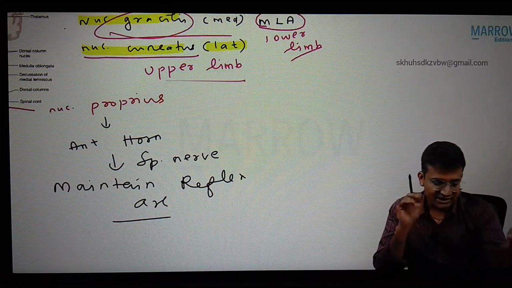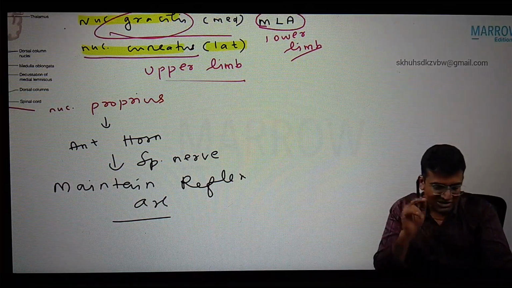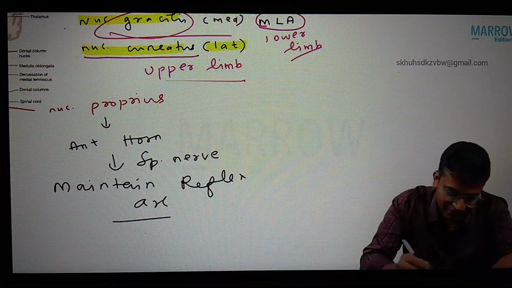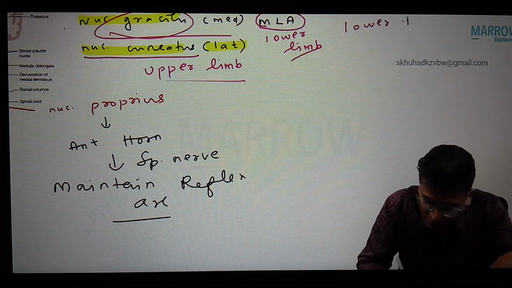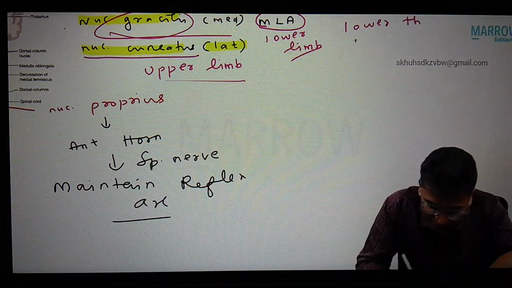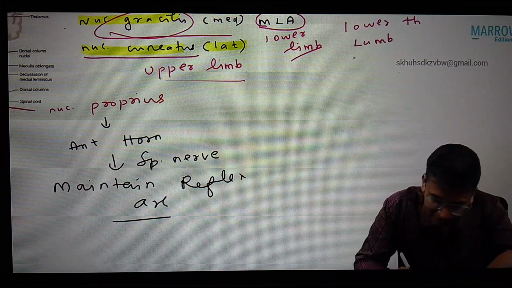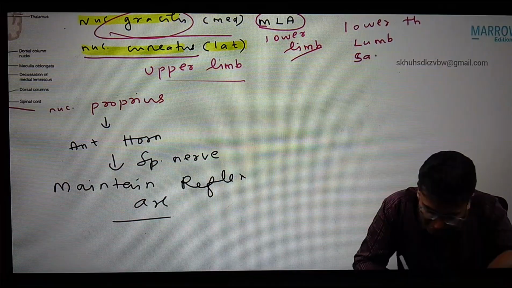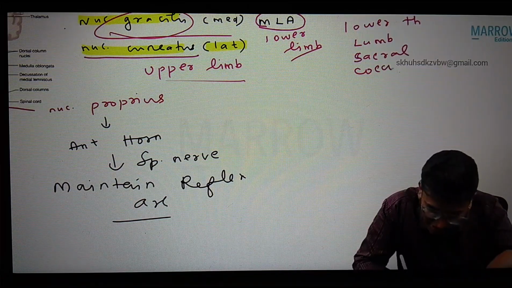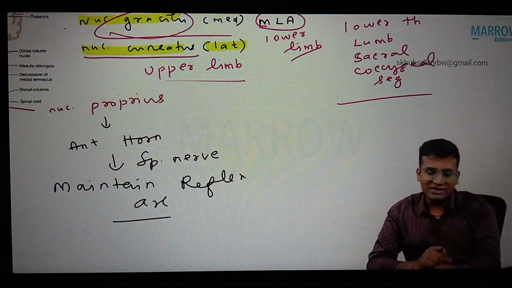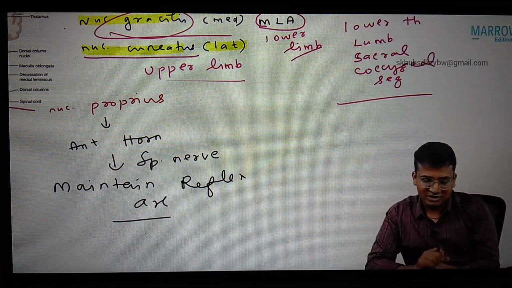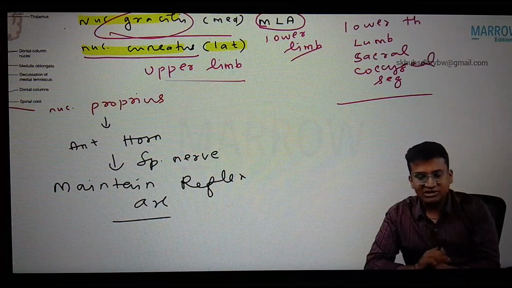Now nucleus gracilis carries the fibers from the lower thoracic part, then the lumbar part, then sacral and coccygeal segments. So nucleus gracilis carries the fibers from the lower thoracic spinal nerves, lumbar nerves, sacral nerves and the coccygeal nerves.